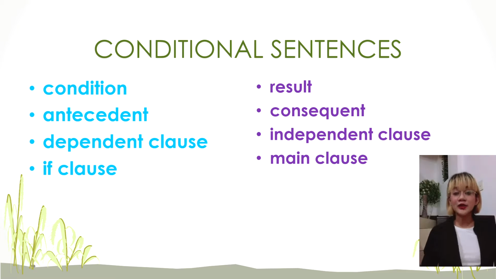The first part is the condition, also called the dependent clause or the if clause of a sentence. And the other half is the result, which is the consequent, or the independent clause or the main clause of a sentence.